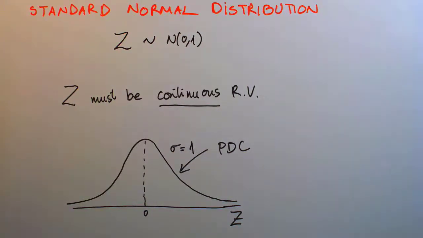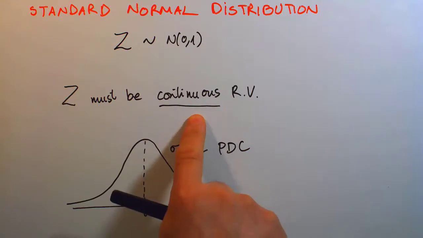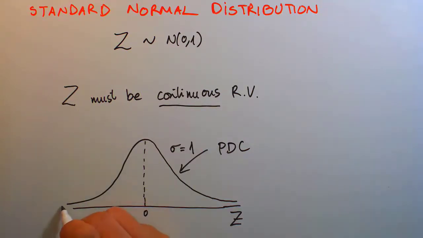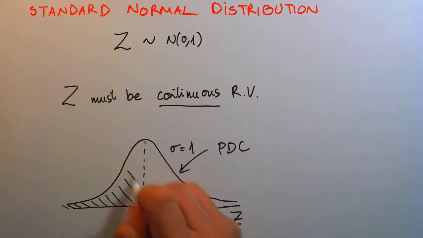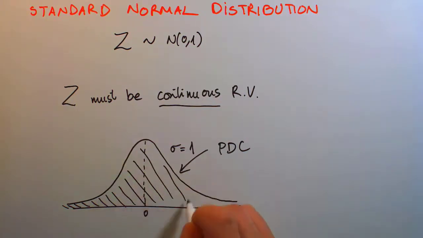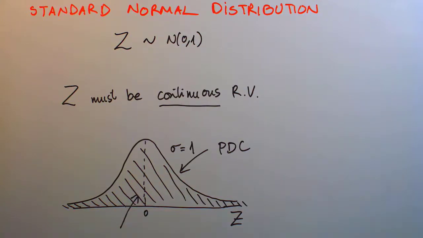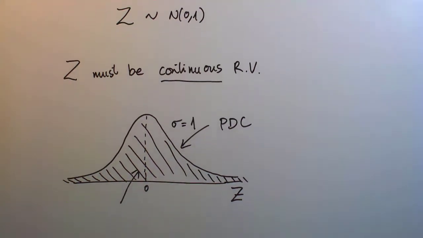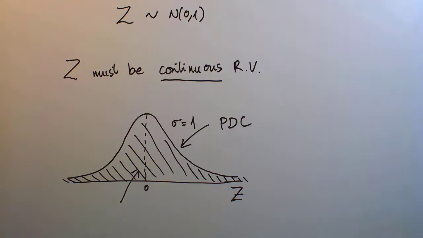But in the end, being a continuous random variable automatically makes it true that the accumulated area inside this PDF, inside this probability distribution, must be cumulatively 100%. So all that area here, because remember in the concept, now when we're looking at the continuous random variable, accumulated area is the total probability.